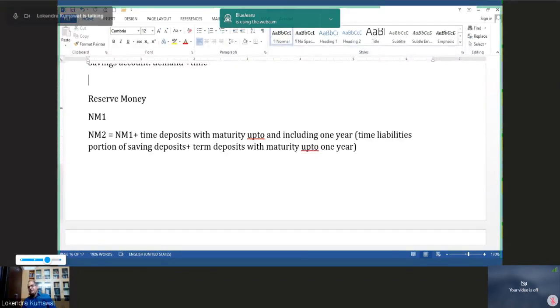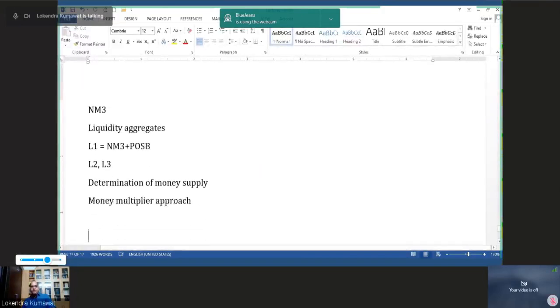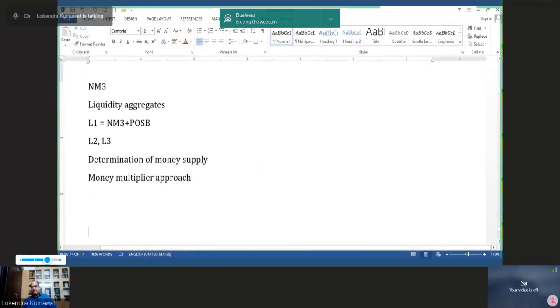The money that is given by the Reserve Bank of India, printed by the Reserve Bank of India, can be used in two forms. The money given by the Reserve Bank of India is called reserve money, or high-powered money, or base money.